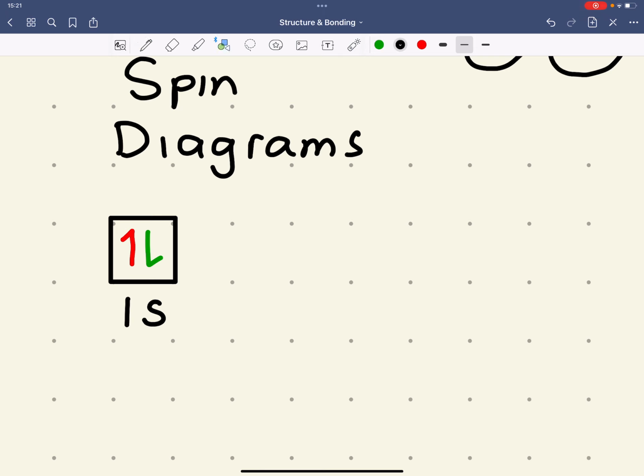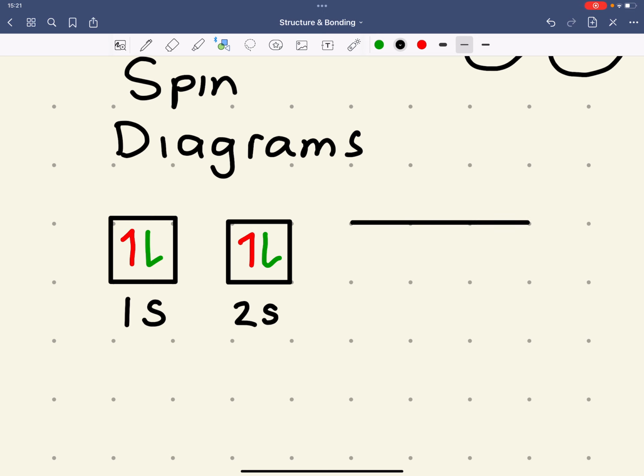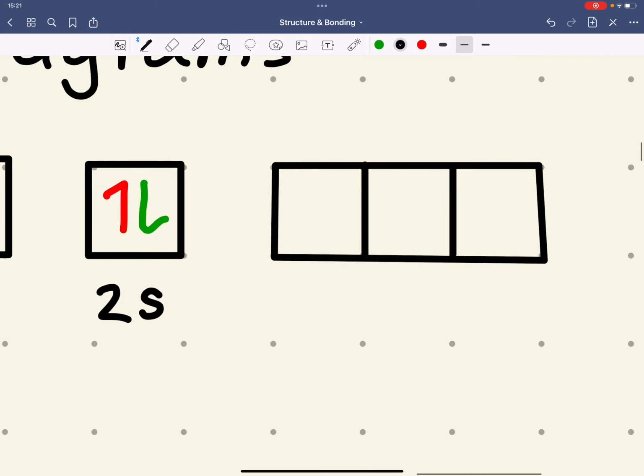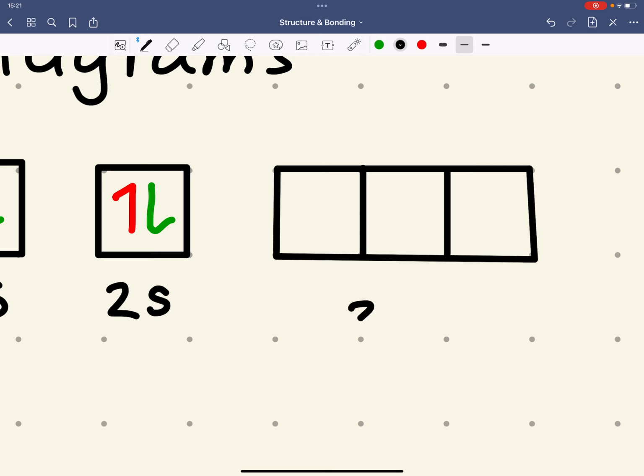My 2s, again, is represented by a box. Each orbital is a box. That's my 2s, and that's my spin up, my spin down. And then my p, again, they've now got 3. This would be like my 2p. That could be like my x, y, and z.